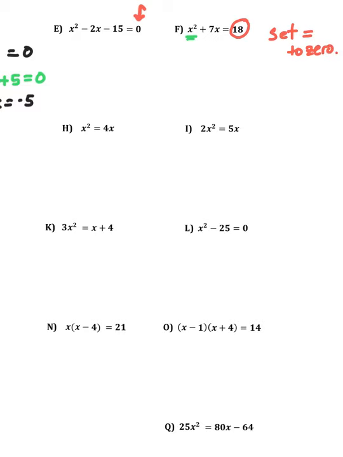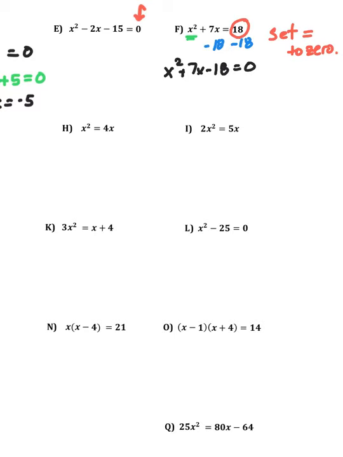So before I even attempt this problem, I will rewrite it, and that's going to mean moving 18 to the opposite side. How do we do that? Subtract 18 from both sides. The problem I'm actually going to be working with should look like this: x squared plus 7x minus 18 equals 0.